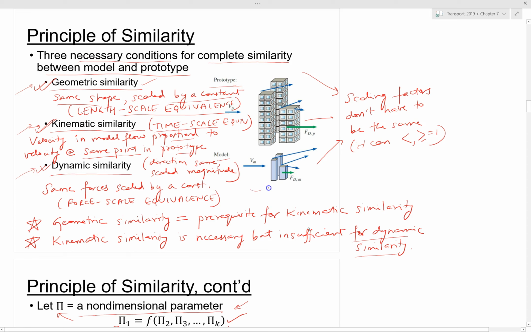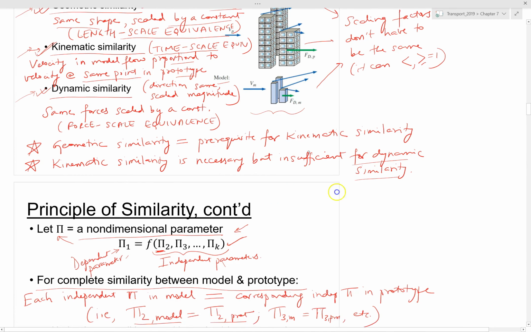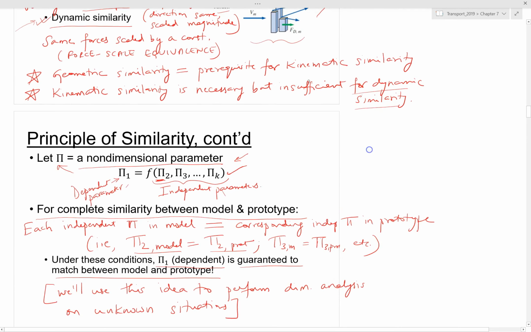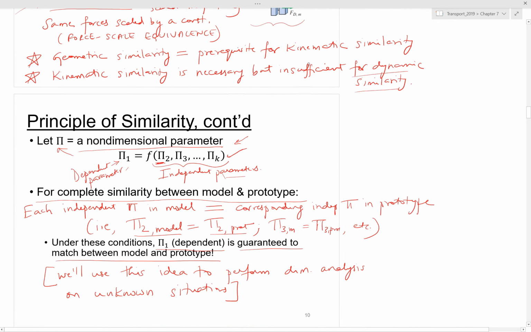You start to play around with a model, and then you want to scale it up. And how do you scale it up? Again, you have to make sure that your independent pies, so long as they are equated between the model and the prototype, you are good to go.